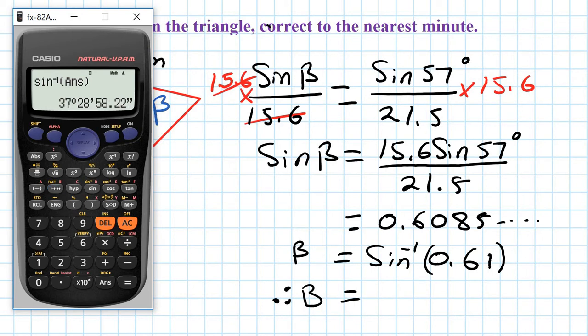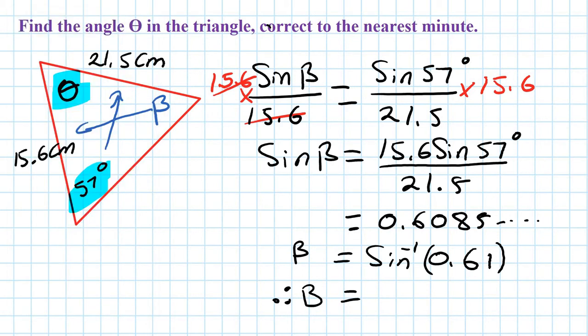I get 37 degrees, 28 minutes and 58 seconds. Because it's close to a minute, I add 1 to the 28 minutes, so that gives me 29. So your answer should be 37 degrees and 29 minutes.